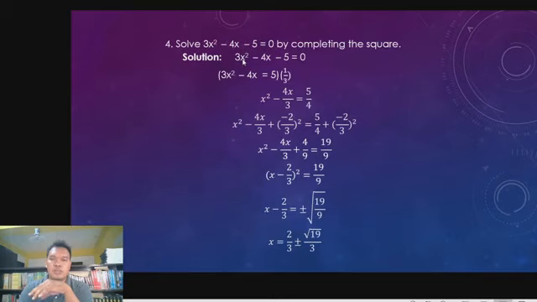Para ma-complete natin yung square. So, we have x squared minus 4x over 3 is equal to 5 over 3. Ito, 5 over 3 po ito, ha.